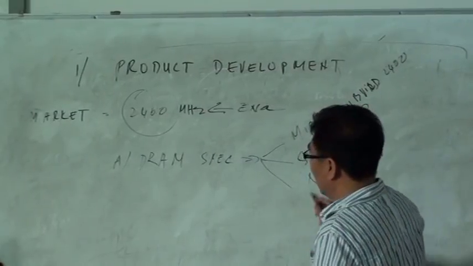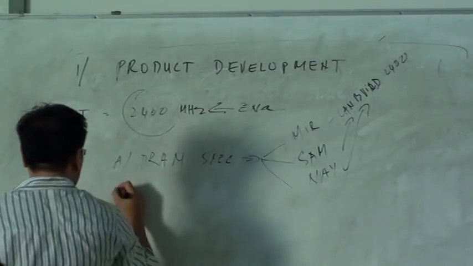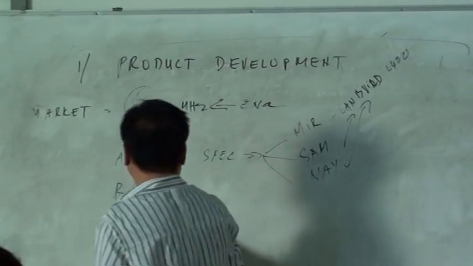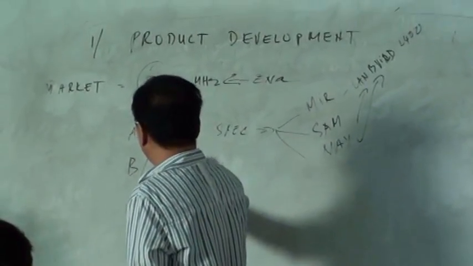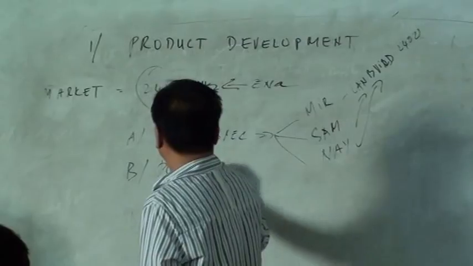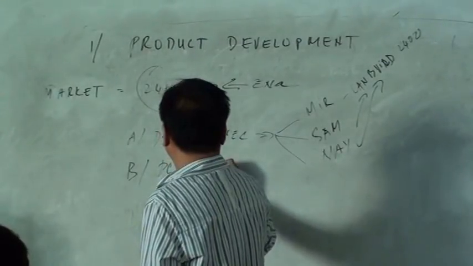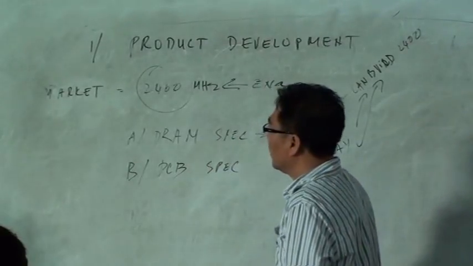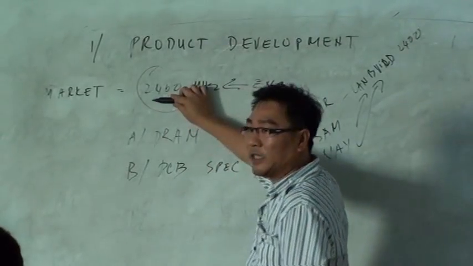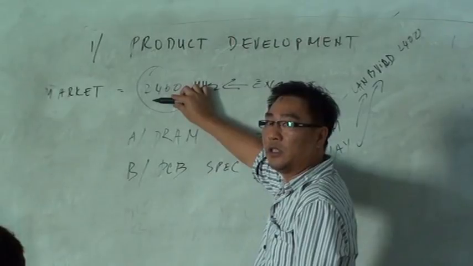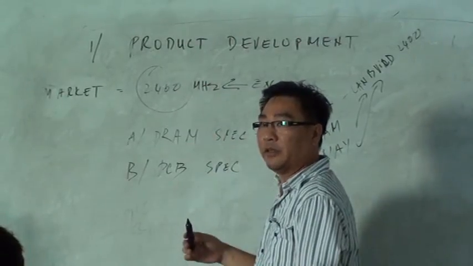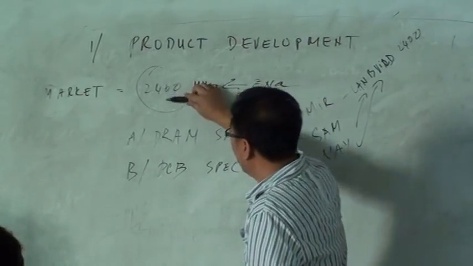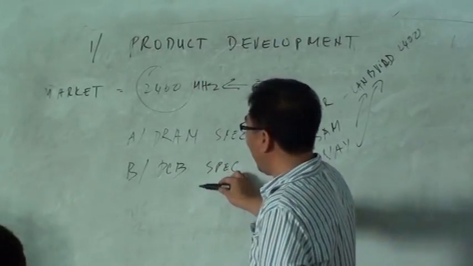So B, we need to have a PCB. Let's say 2,400 is the target for the engineering. A PCB spec.